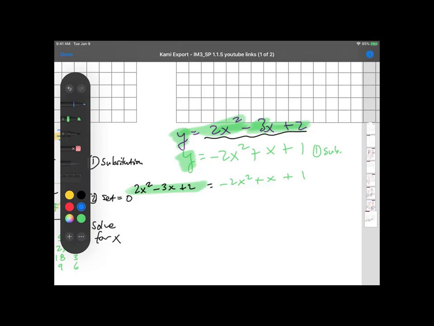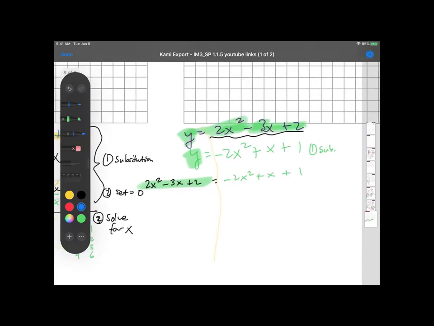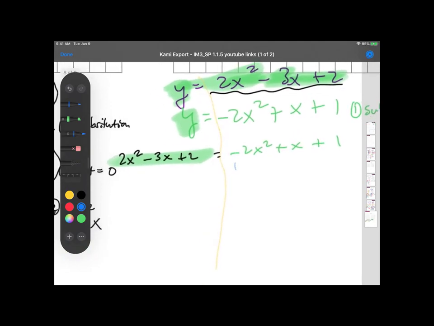So let's go ahead and solve that. I like to have a values that are positive, so I'm going to move this one to this side. I'm going to move this x to this side. Remember, I'm using opposites.